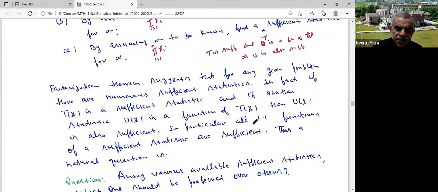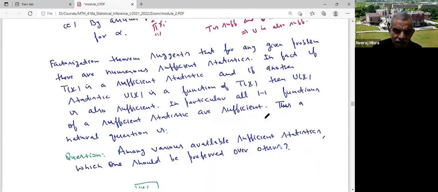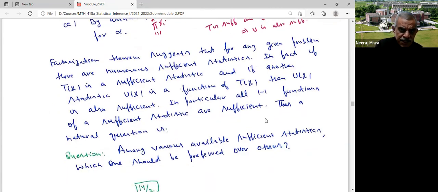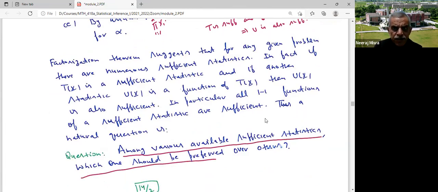Now the question is, among the various available sufficient statistics, which one should be preferred over the others? Recall that the purpose of a sufficient statistic was the reduction of the data.